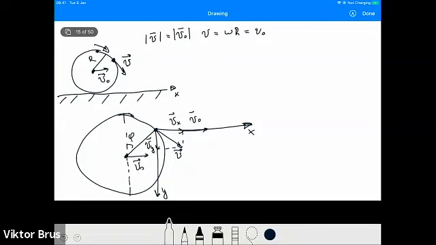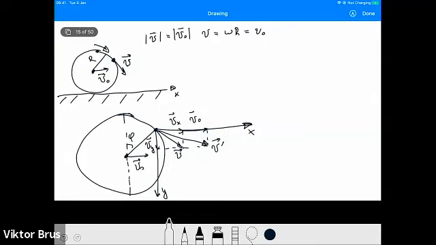And that's why the total velocity with respect to ground will be, let's call it V prime. That's the one which we want to figure out.